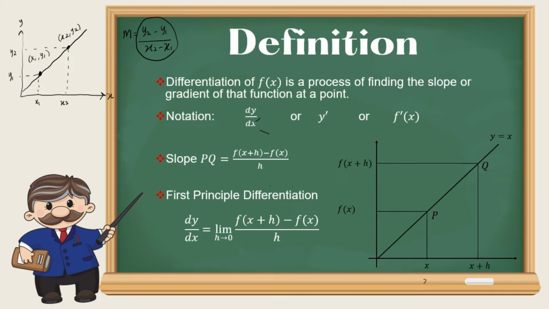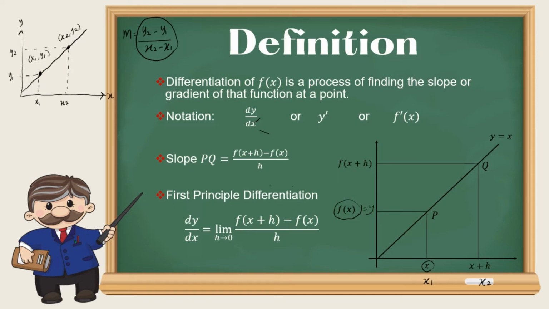This one is our x1, and the second point of x is actually x plus h. This one is our x2. And the first point of our y will be f(x). f(x) is equal to y, it is the same thing. To find the value of y here, we need to substitute the value of x in the function f. That is the meaning of f(x).